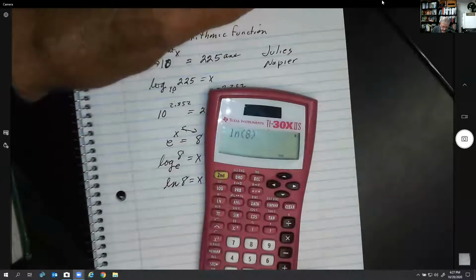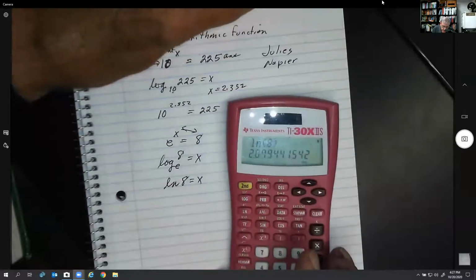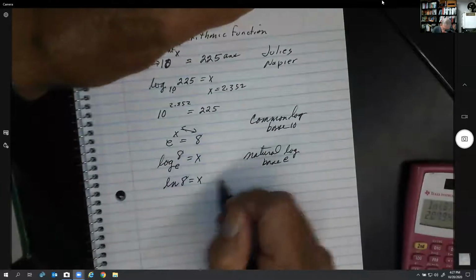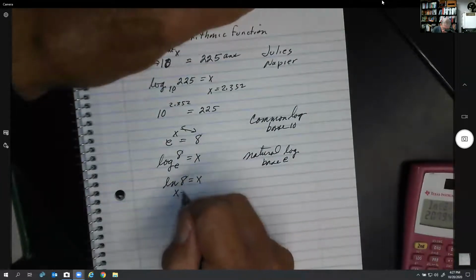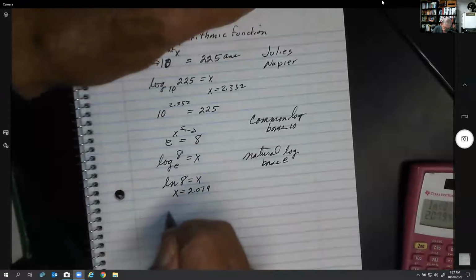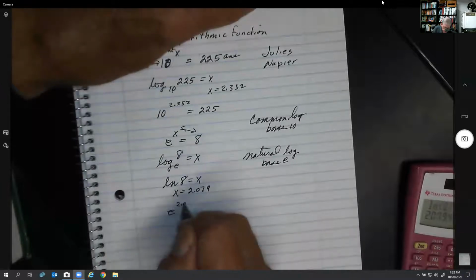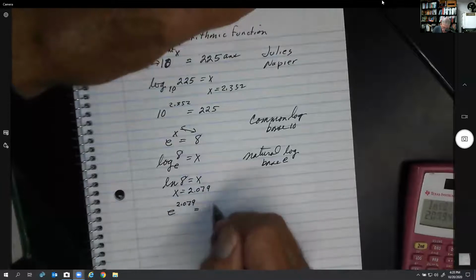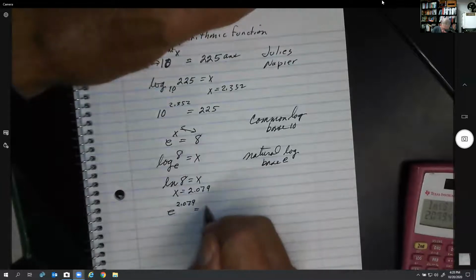Finish your parentheses equals 2.079. So what we're saying is that if e was raised to the 2.079 power, we would get 8.